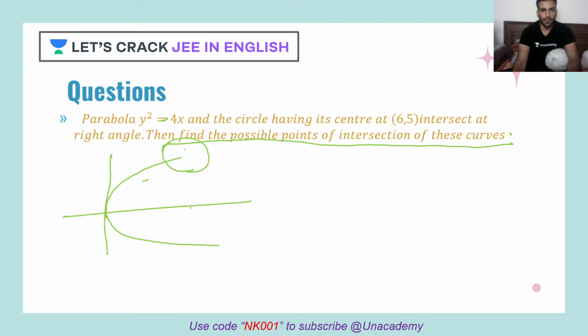I'll change the color for the tangent so that you can differentiate. If this is my tangent and this is the other tangent, then the angle between these two tangents would be 90. The tangent to the circle and the tangent to the parabola are at 90.